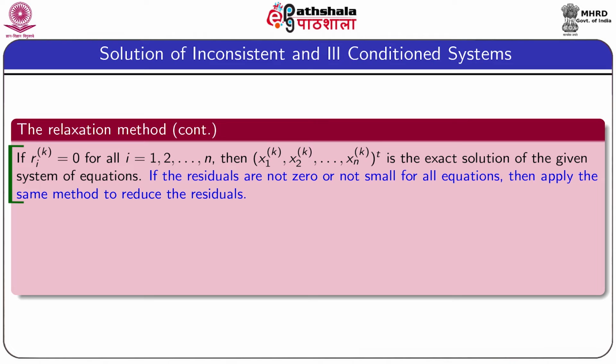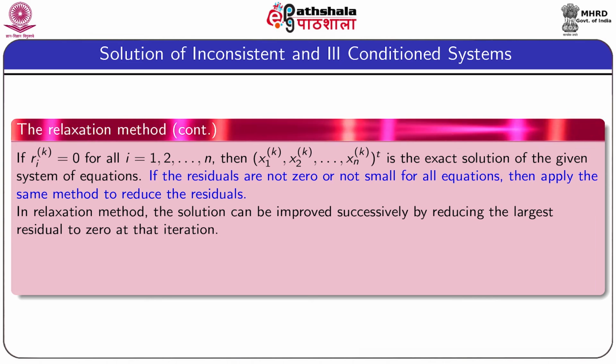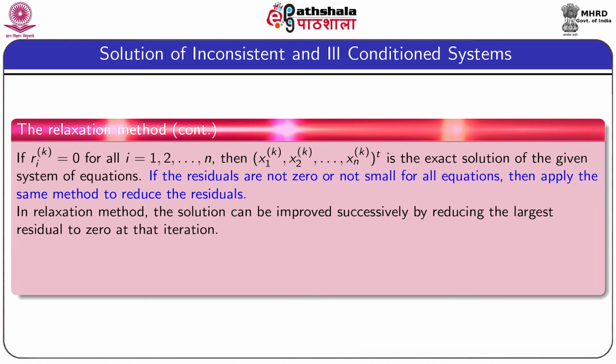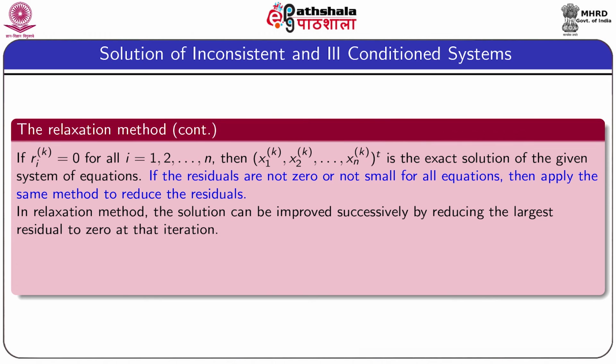If the residuals are not 0 or not very small for all equations, then we apply the same procedure to reduce the residuals. In the relaxation method, the solution can be improved successively by reducing the largest residual to 0 at that iteration.